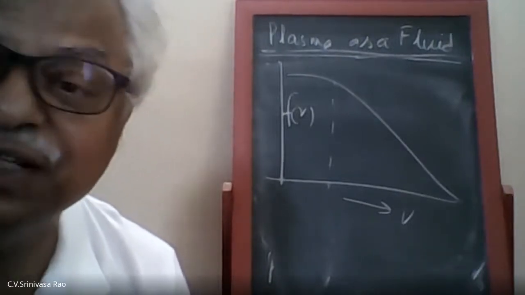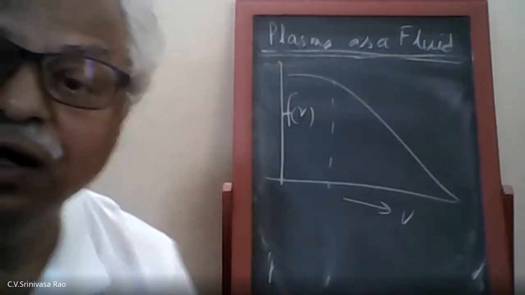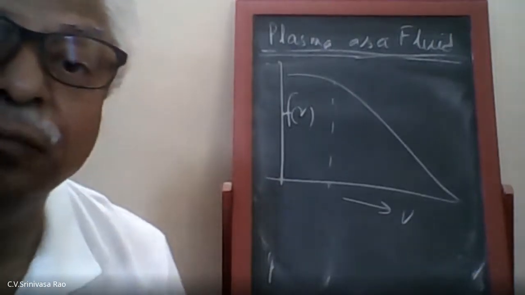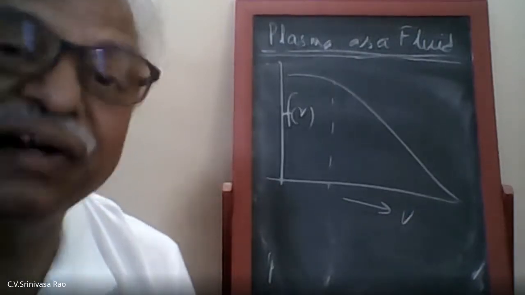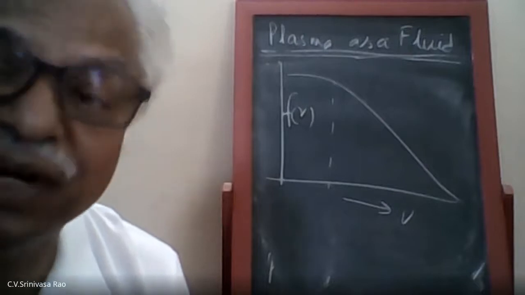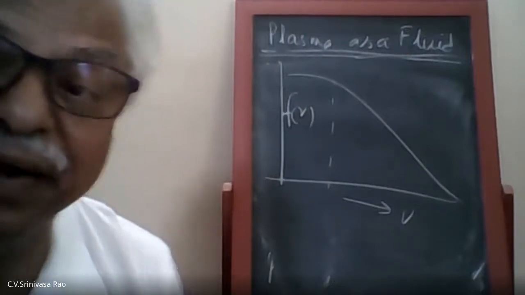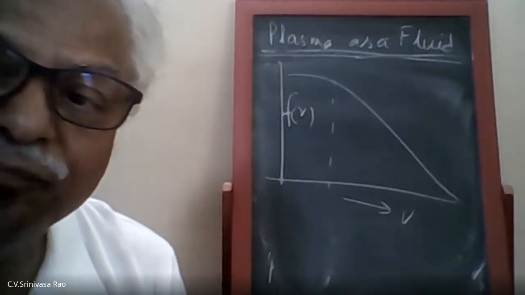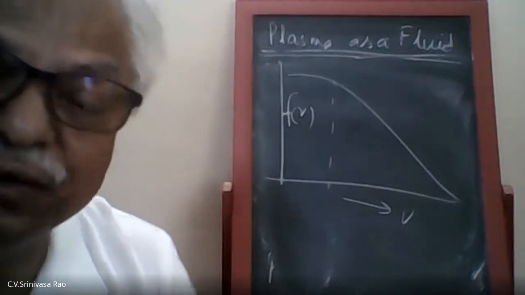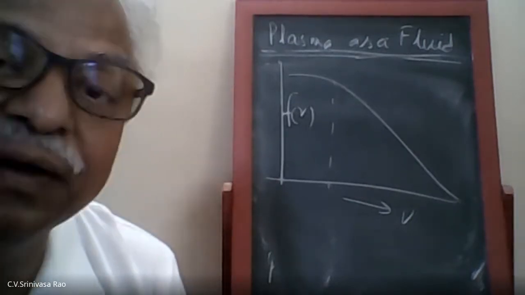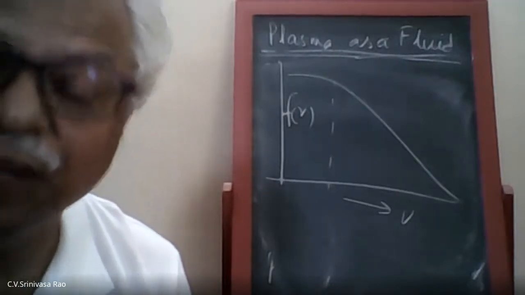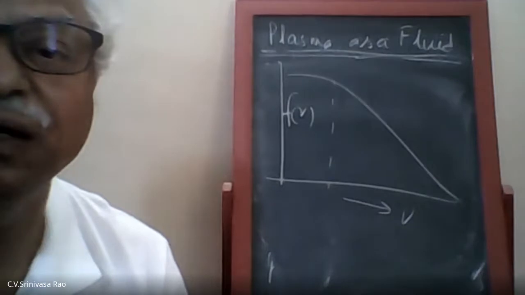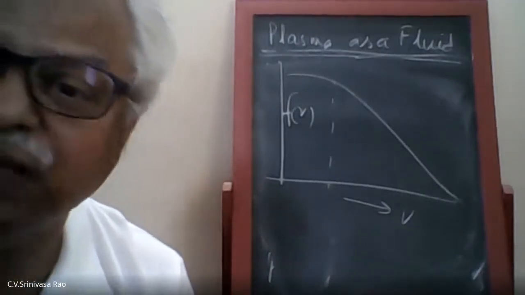Otherwise, it is a very interesting phenomenon where the particles generate waves inside the plasma, and then there's an exchange of energy between the waves and the particles. If time permits, sometimes I'll discuss this part also, but it will not be part of your course as such.